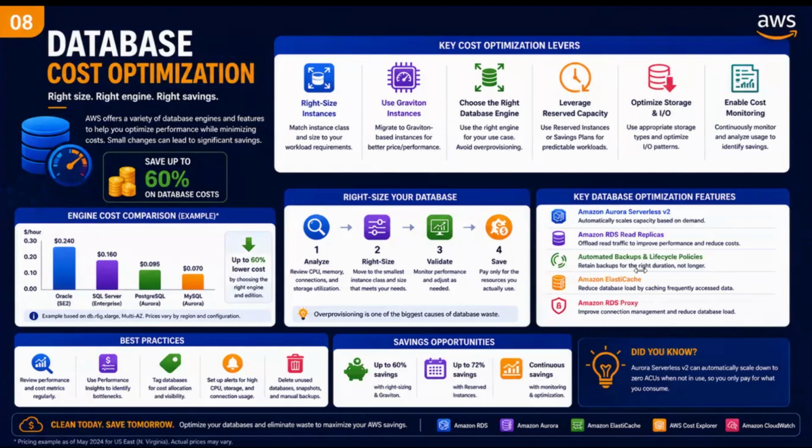Best practice is to always review your performance and cost metrics regularly for your database, and use Performance Insights to identify bottlenecks. Definitely use tags for cost allocation and visibility, and set up alerts for high CPU utilization, storage, and connection usage. Delete unused databases, snapshots, and manual backups.